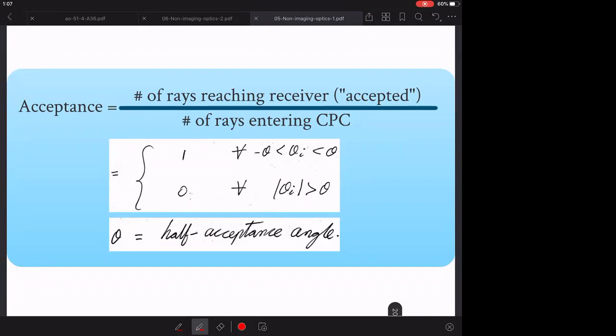The CPC being the ideal concentrator has 100% efficiency if the angle is between minus theta and theta, because we're looking at the two sides. If the absolute value is greater than theta, which is the acceptance angle, then nothing is accepted. This theta is also referred to as the half acceptance angle because it's half of the cone.